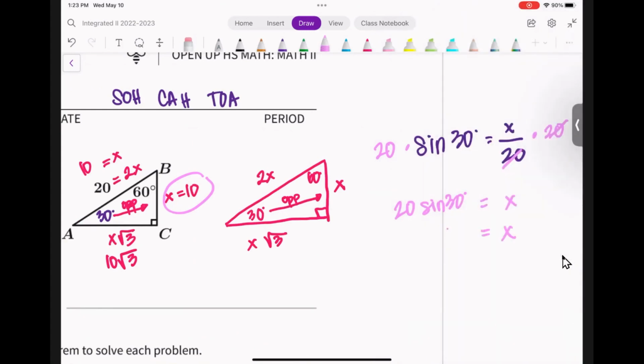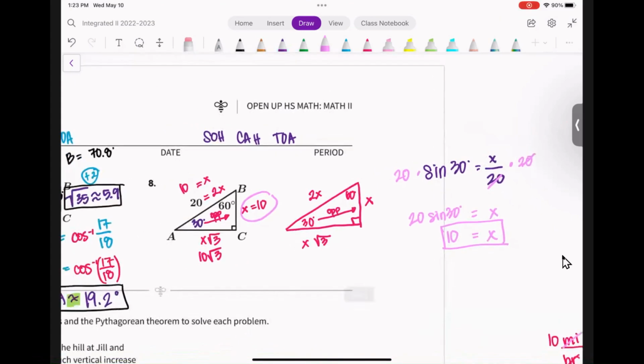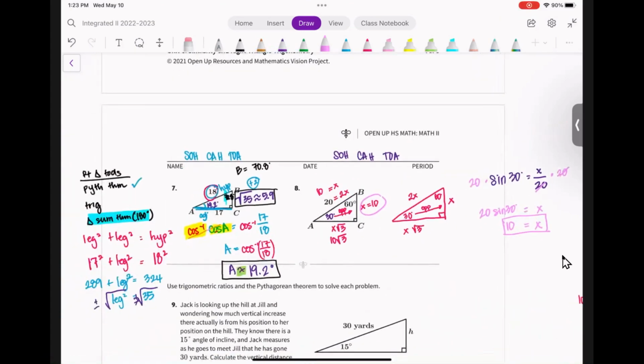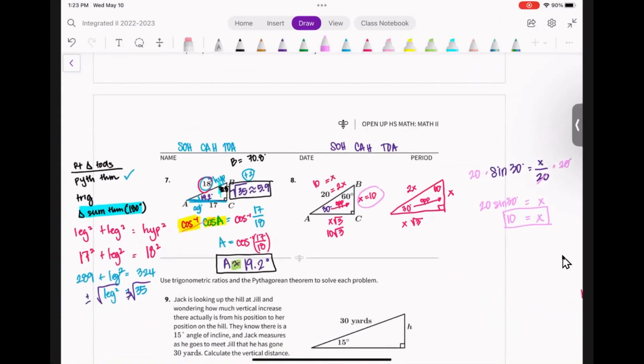So if that's you as well, do it. And then from there, because I know two sides, I could always use the Pythagorean theorem. I could use the cosine of 30, whatever. Yes, absolutely.